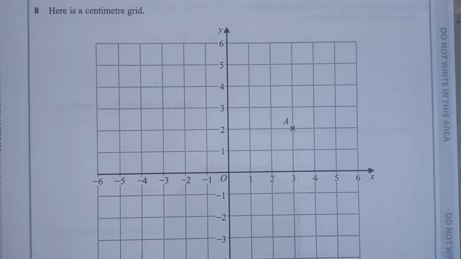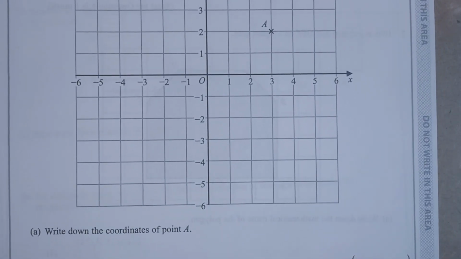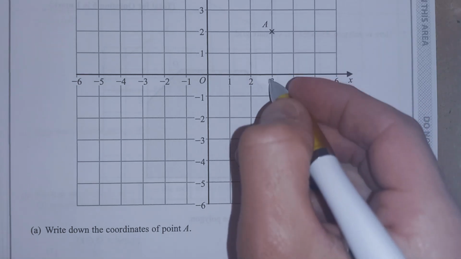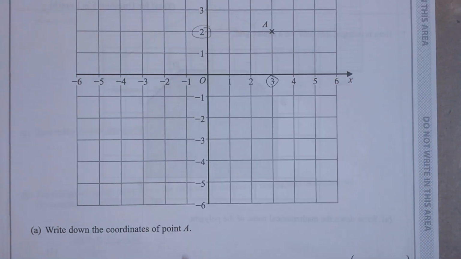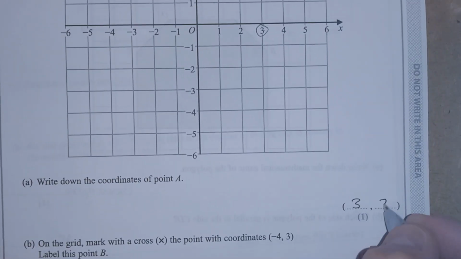Question 8. Here is a centimetre grid. Write down the coordinates of point A. Right, so we want the x coordinate first, so that's going to be the 3, and then the y coordinate, 2. So 3, 2.